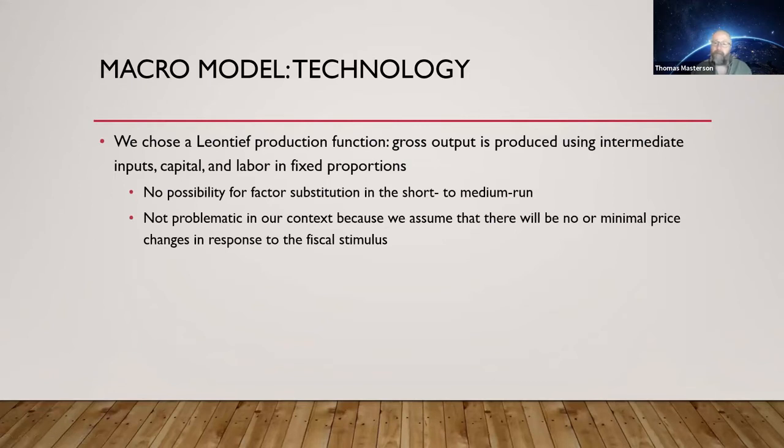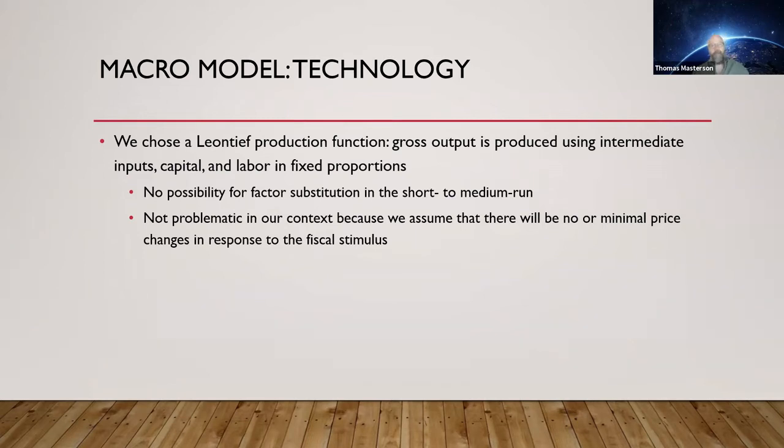So this is a production function where output is produced using intermediate inputs, capital and labor, in fixed proportions, right? So as output rises, each of those rises in the same amount, right? So there's no factor substitution allowed in Leontief production technology.